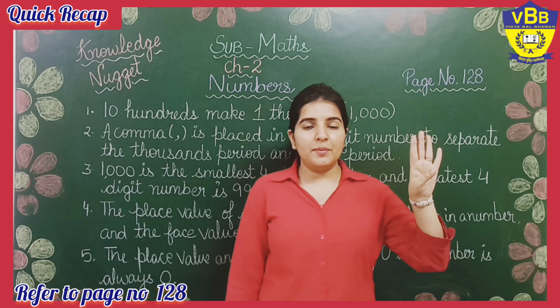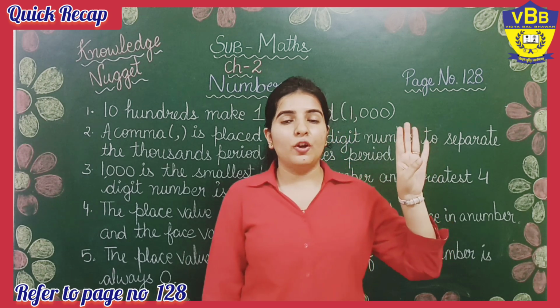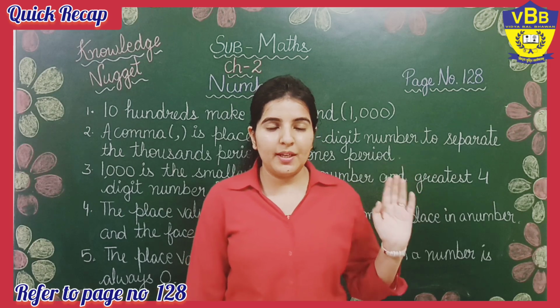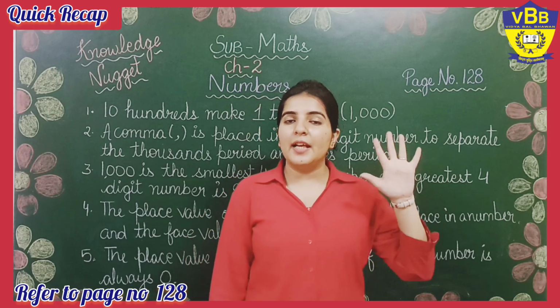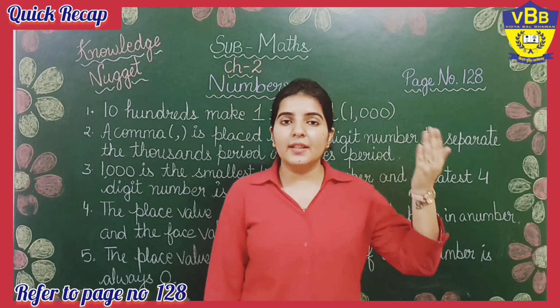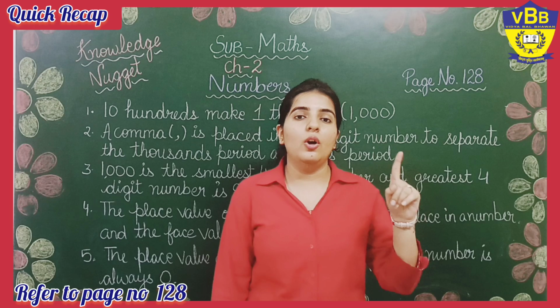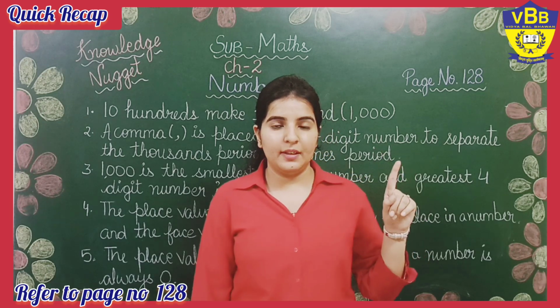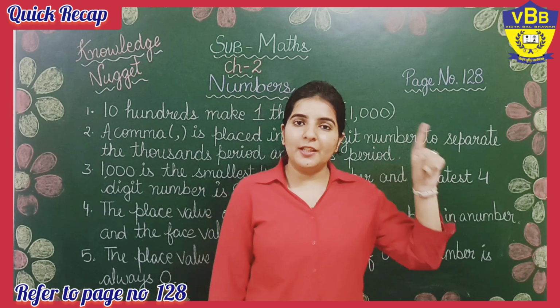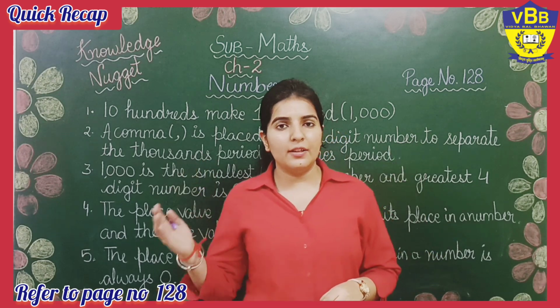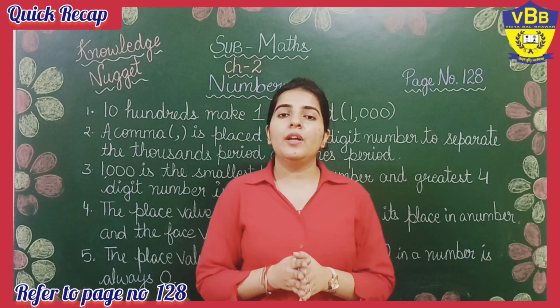And the fourth step is, if the number is lying from 0 to 4, there will be no change on the tens place. And if the number is 5 or greater than 5, then we have to add 1 on the tens place. Ones place will change into 0 and the rest of the places like 100 or 1000 will remain the same.